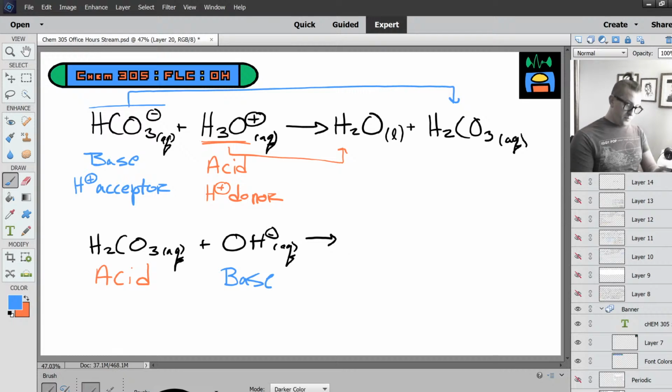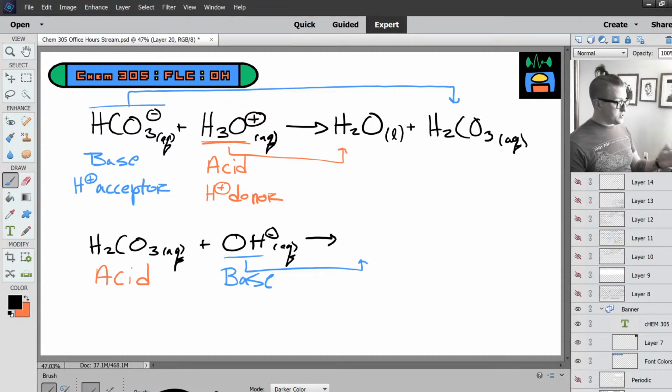I've already written up the definitions of each there. When your base accepts a proton, its hydrogen count will increase by 1. So instead of having 1 hydrogen, it'll have 2. Hydroxide will become H2O. Also, it gains a plus charge, which will cancel the negative charge it has.